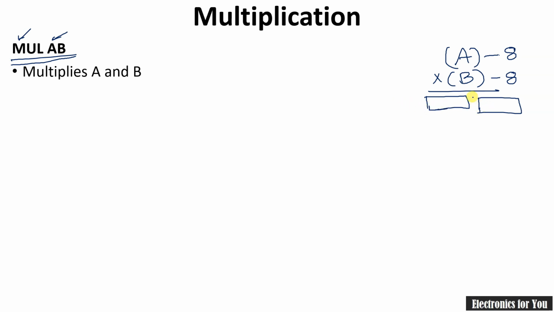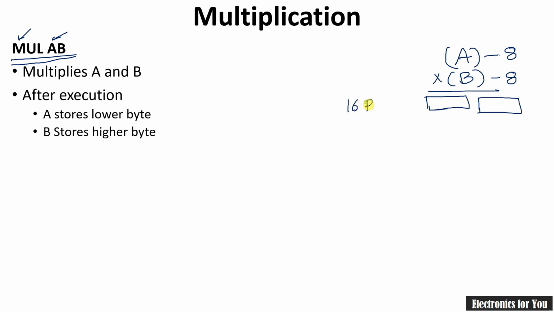So the result may go beyond 8 bits and may be a 16-bit result. After execution of MUL AB, the lower byte will be stored into the accumulator and B will store the higher byte. This is the multiplication instruction.